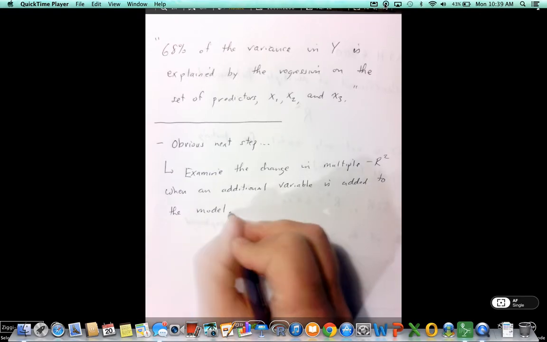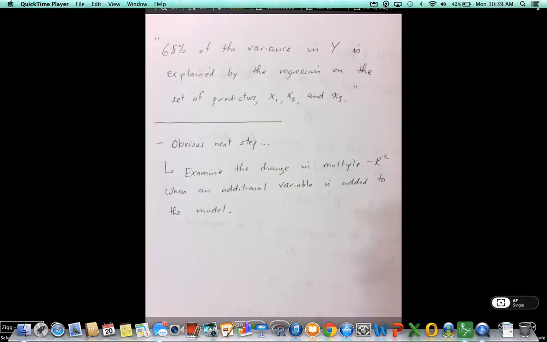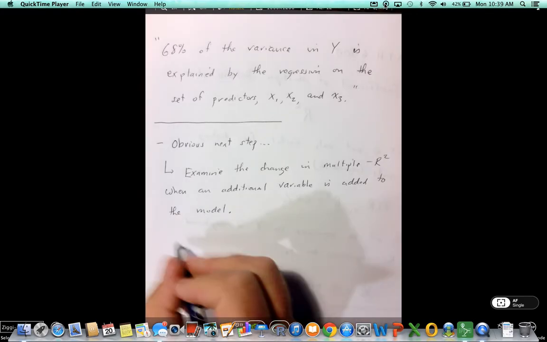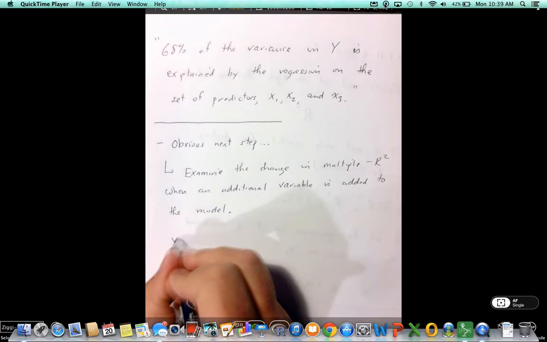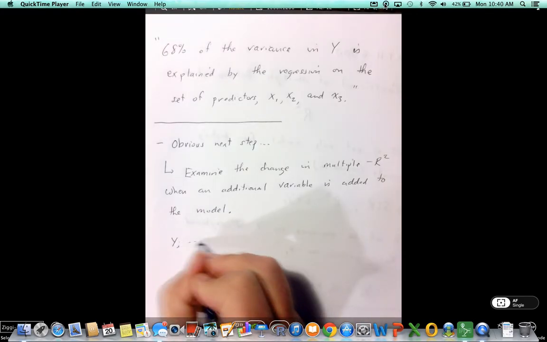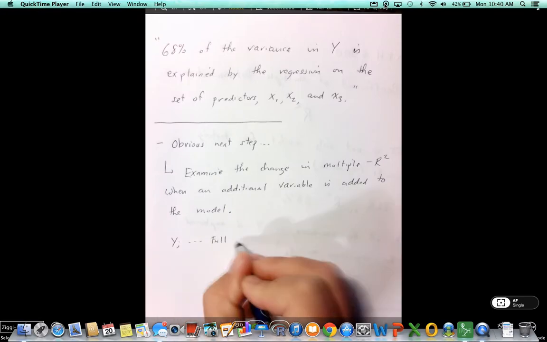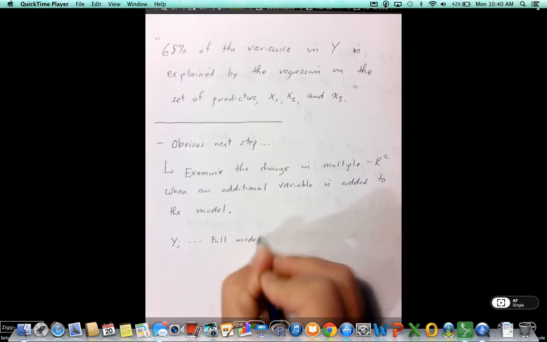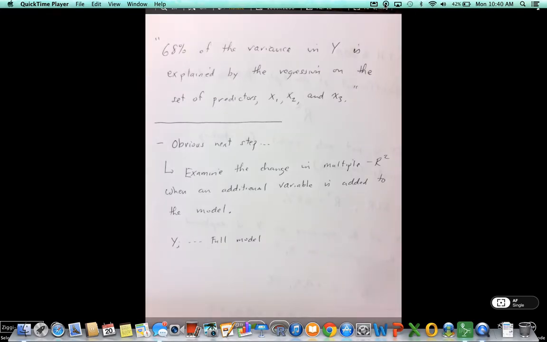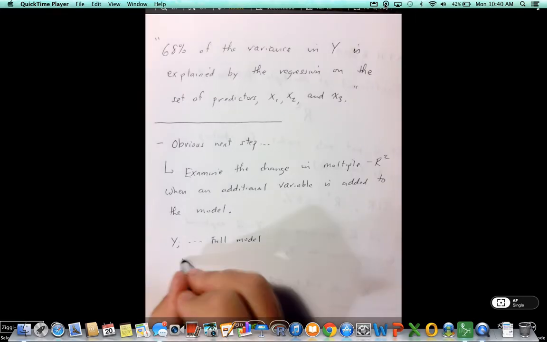Now, guys, it's important to understand what we call this. When we have, for example, the full model, then as we talked about earlier, we call that the coefficient of multiple determination.